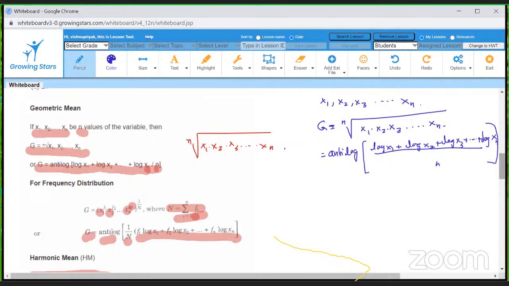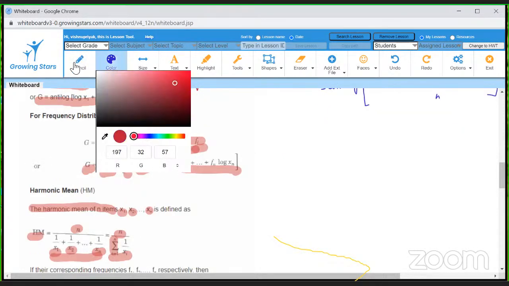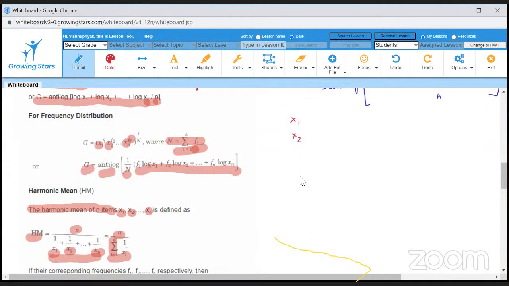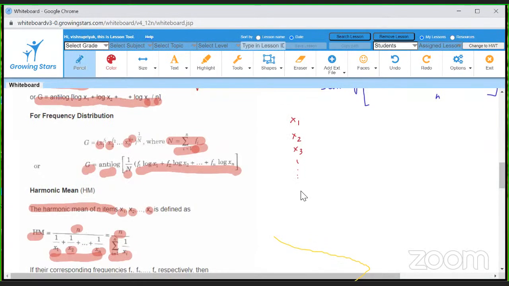But suppose you have frequency, that means you have observations x1, x2, x3 up to xn, and then a frequency column f1, f2, f3 up to fn.